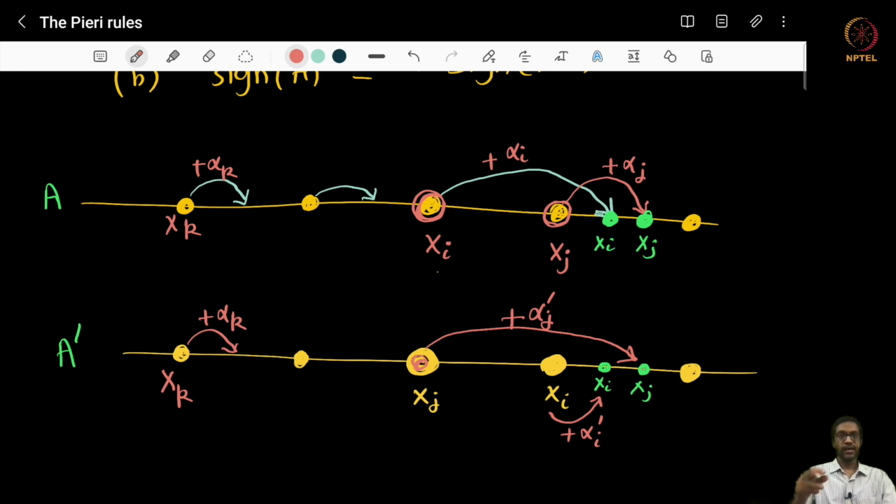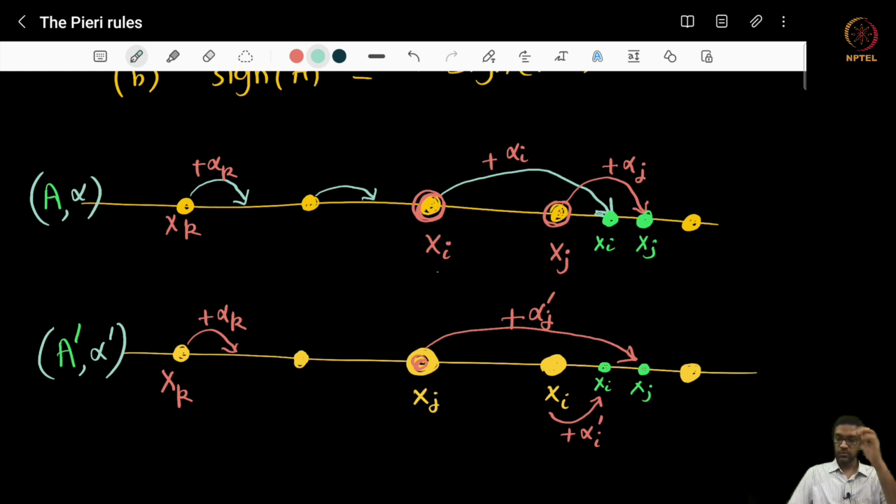The prescription is easy: I interchange xi, xj and I change alpha prime so that my landing positions are the same as for a, alpha. So this is the original prescription I have described for you. Given a, alpha, it tells how to transform it to a prime, alpha prime. The entire prescription has been given.